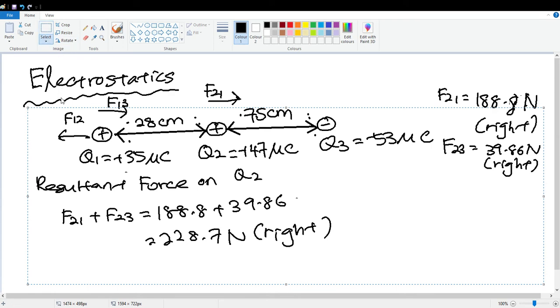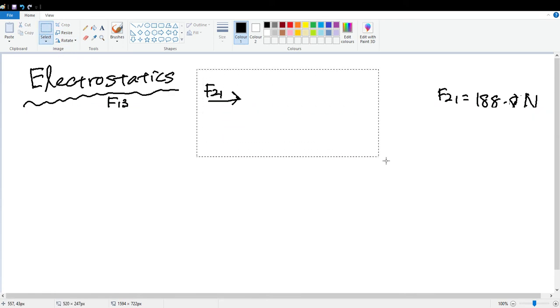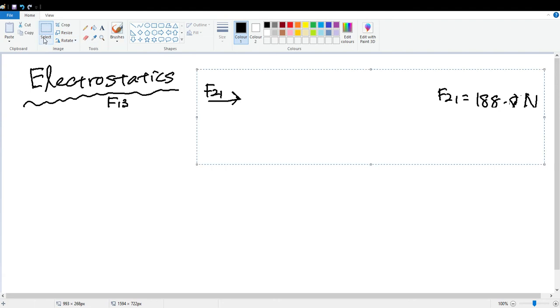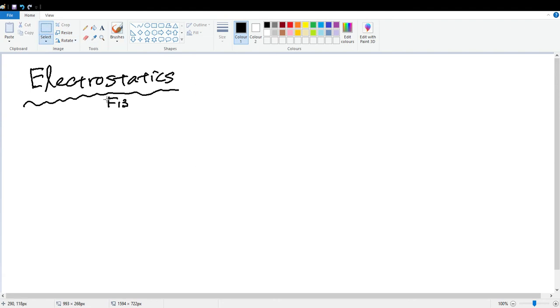Okay, let me just erase this one. Just now what we talked about was only the horizontal plane. So what about the magnitude and direction for both horizontal and vertical plane?